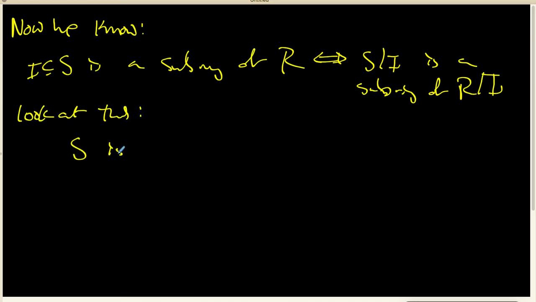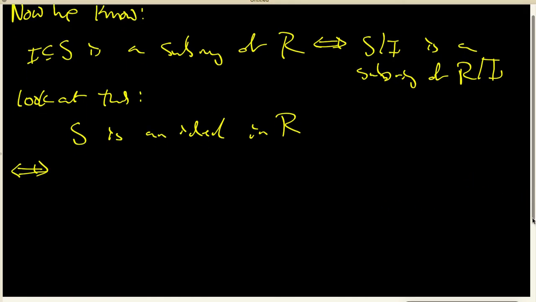S itself is an ideal in R if and only if we have two things.